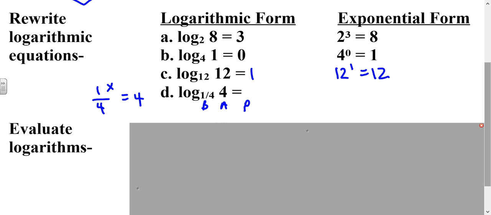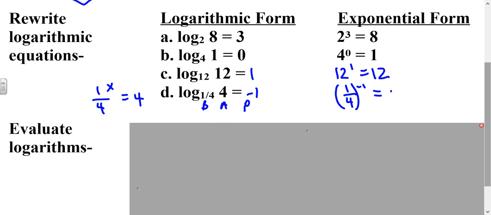So 4 to what power equals 1/4? Well, it would be -1. So if I take 1/4 to the negative first power, then I would move the 4 back up to the top, and then it would work. So this would be like 1/4 to the negative first power.